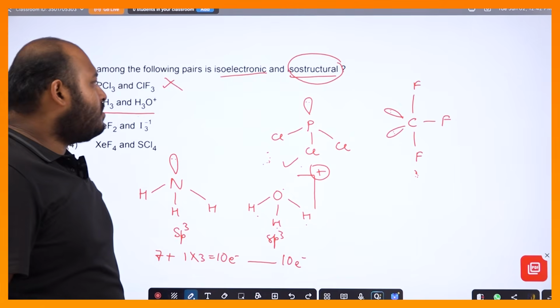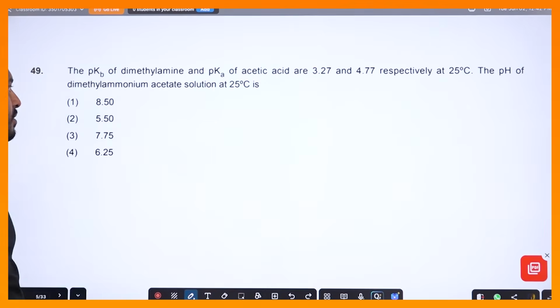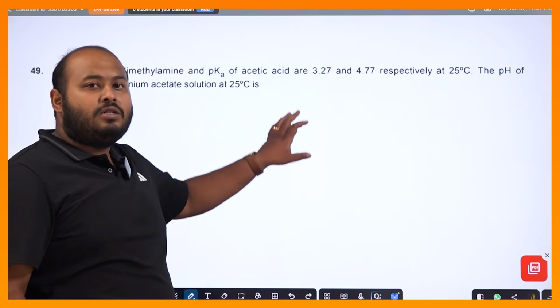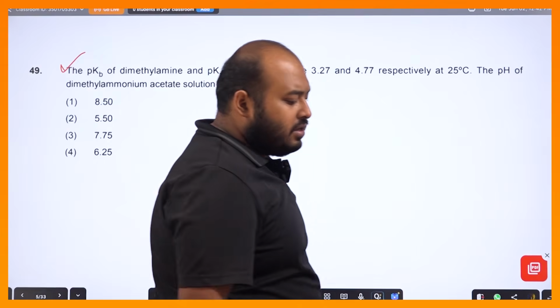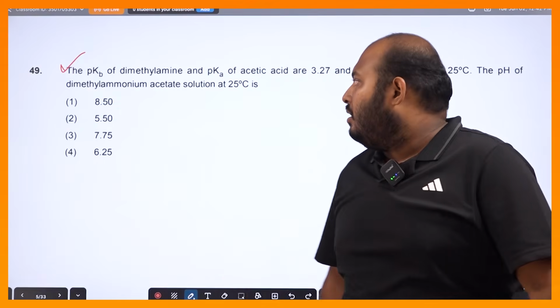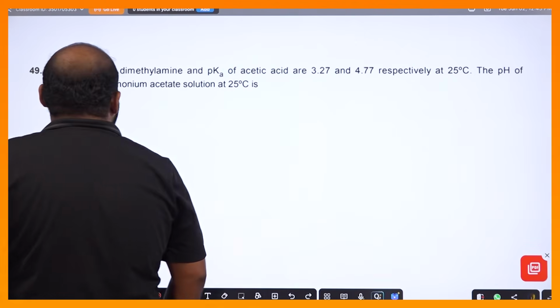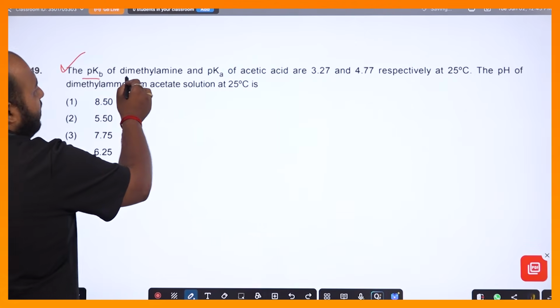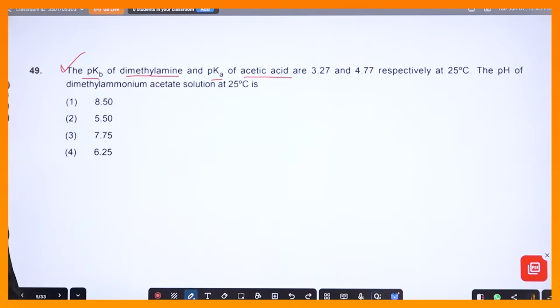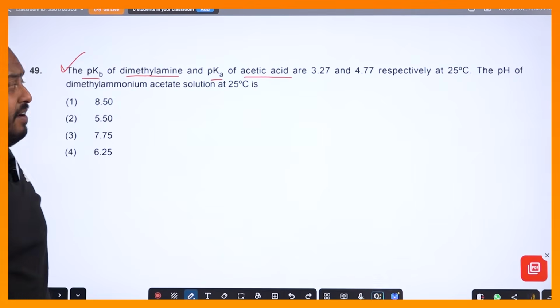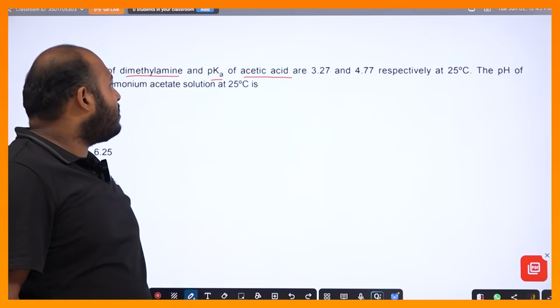Okay, fine. So let us move to the next question. So students, you can see that this is a very common type of question from the chapter Ionic Equilibrium. In this question, it is saying that the pKb of dimethylamine and pKa of acetic acid are 3.27 and 4.77 respectively at 25 degrees centigrade. It is asking the pH of the dimethyl ammonium acetate solution.